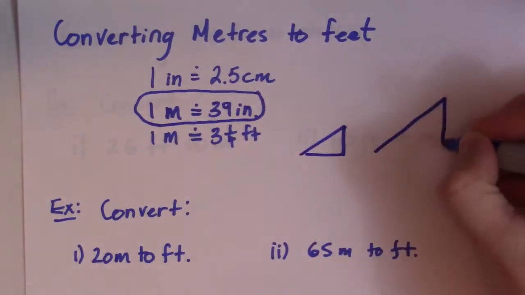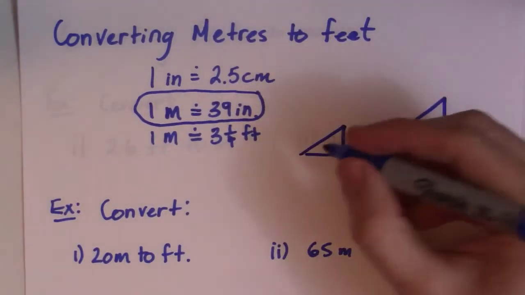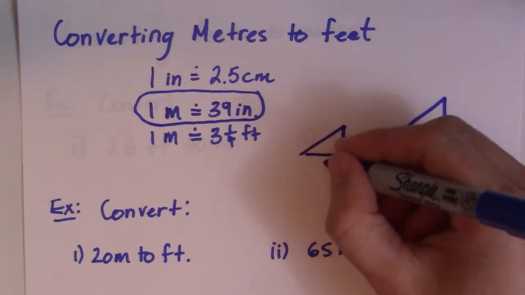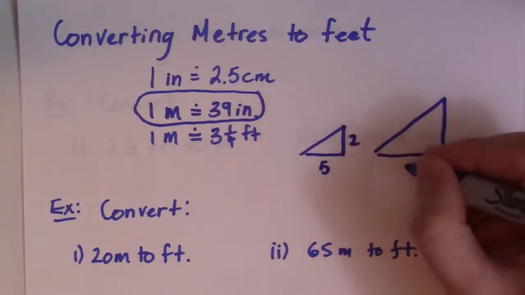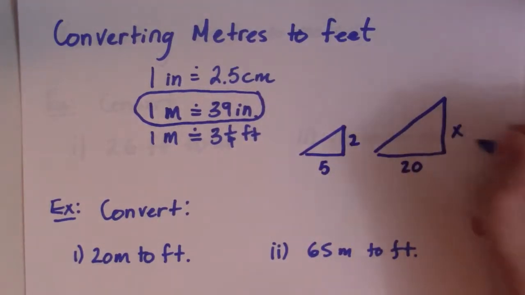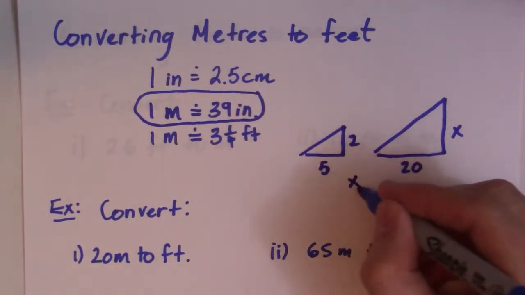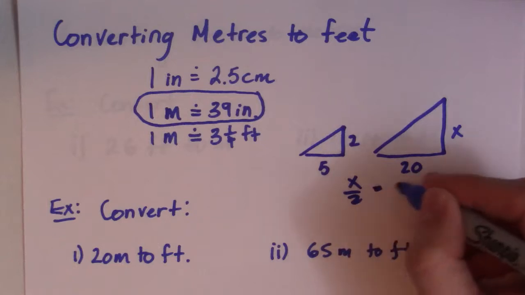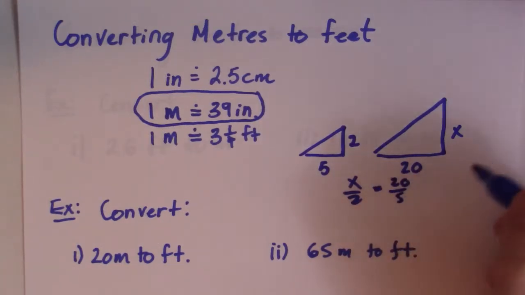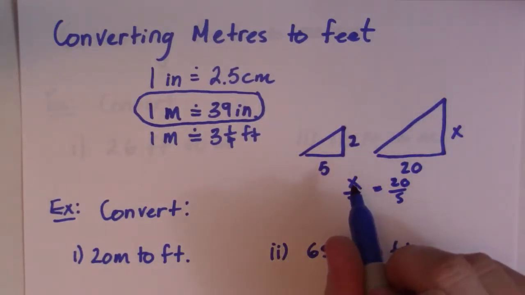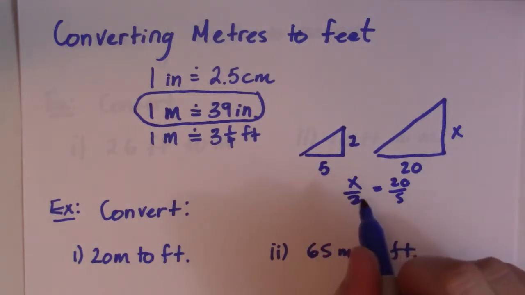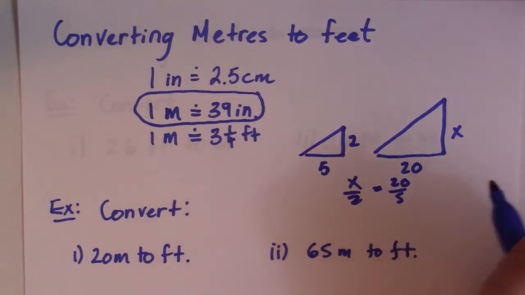Let's say you had, I'll make up the same example that I had before, 5, 2, 20, and then x. So we can write a proportionality statement for this, like x over 2, because those are corresponding sides, is equal to 20 over 5. To find that value for x, it will be 8, because 8 divided by 2 is 4, and 20 divided by 5 is also 4.